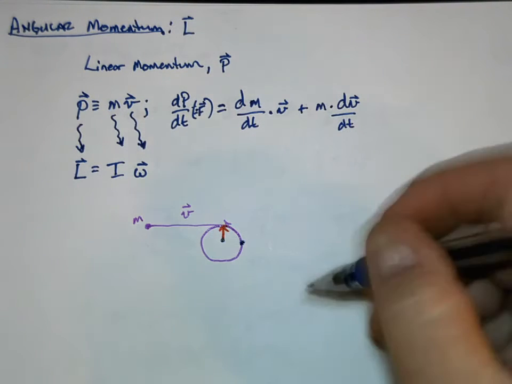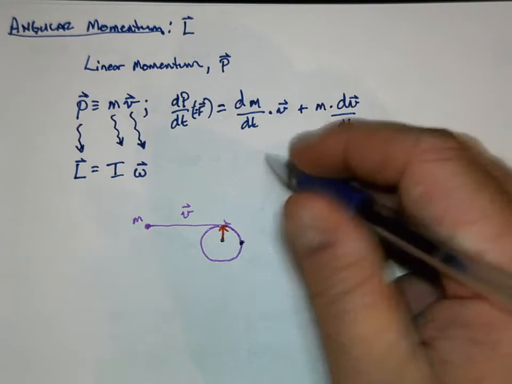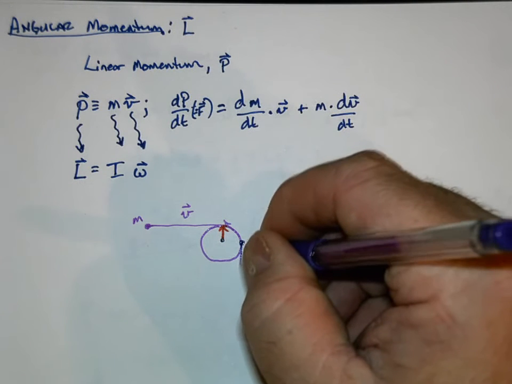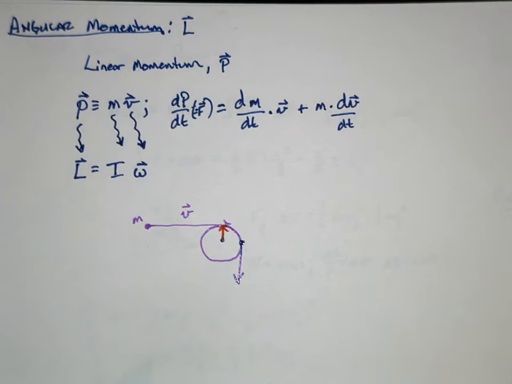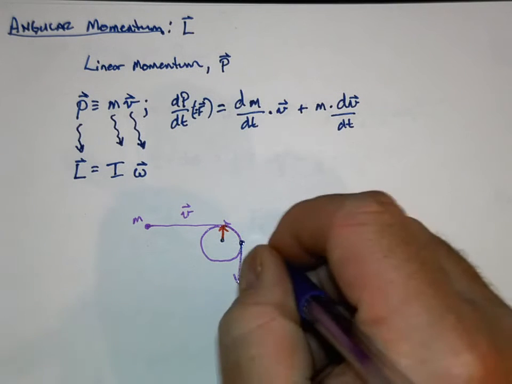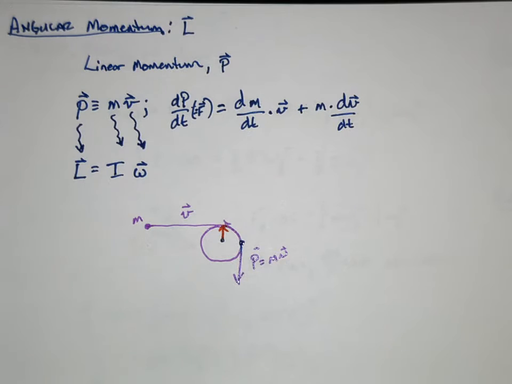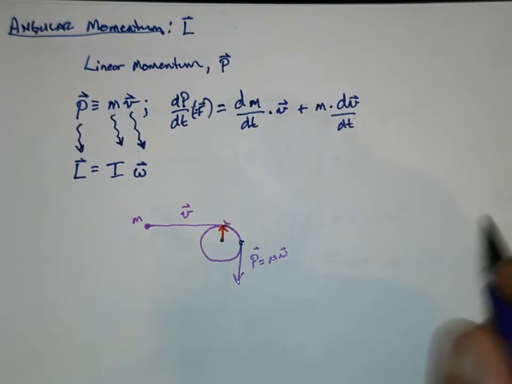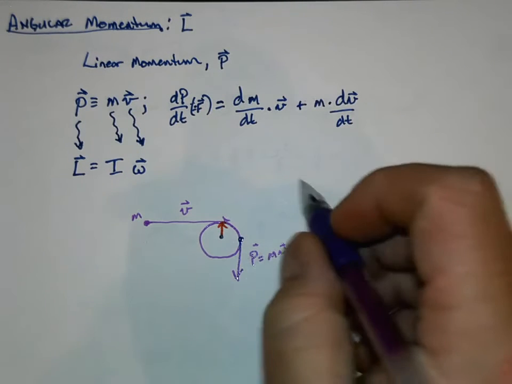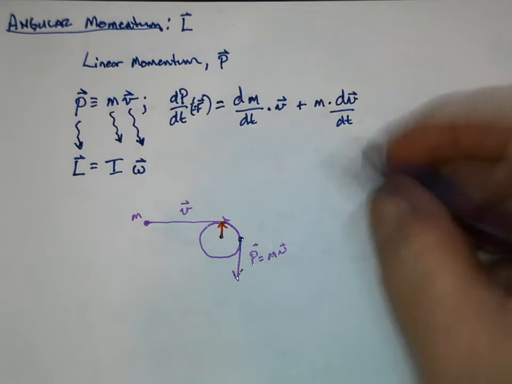At this point, her linear momentum is going to be in this direction, so her p will still equal mv going in that direction. However, in order to make this happen, she will have experienced a torque. And we know that torque, because you remember, it's the force acting on a distance.